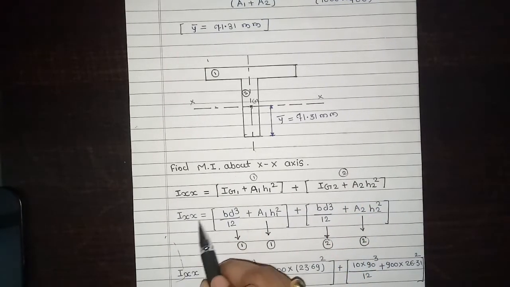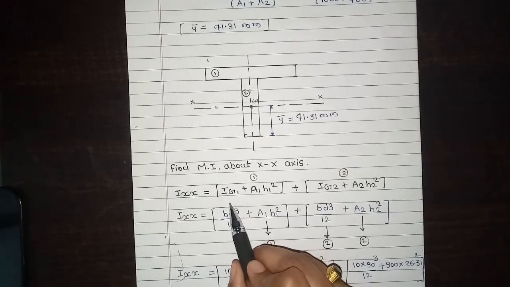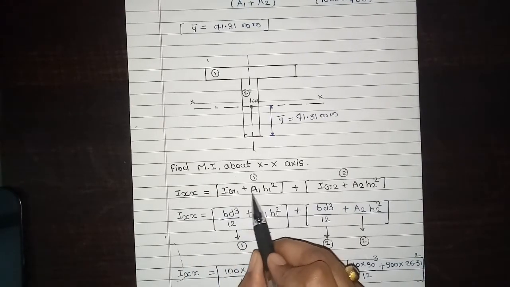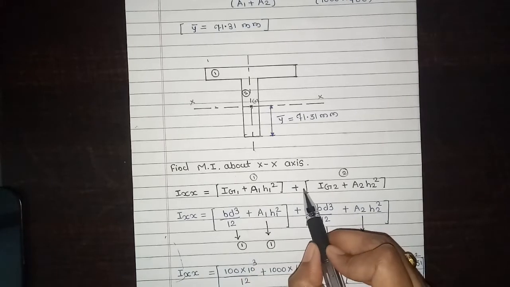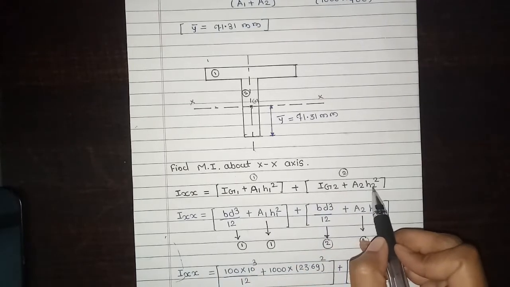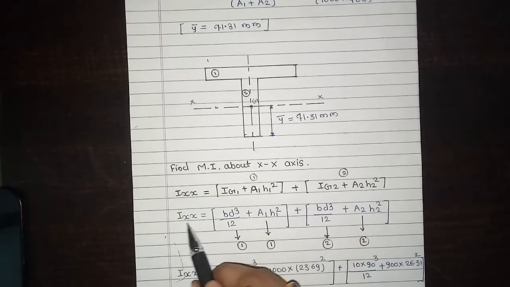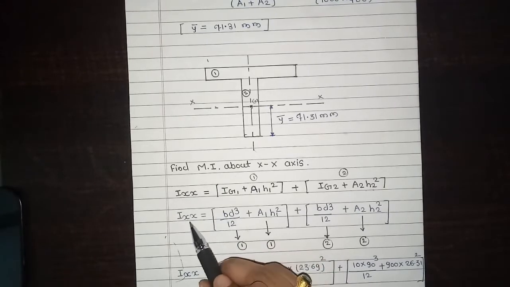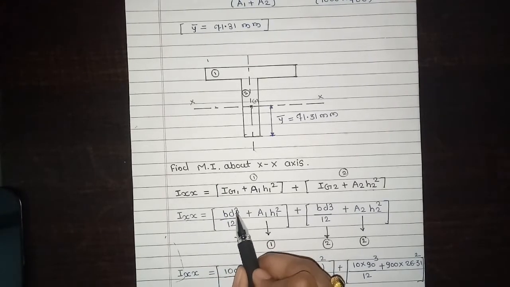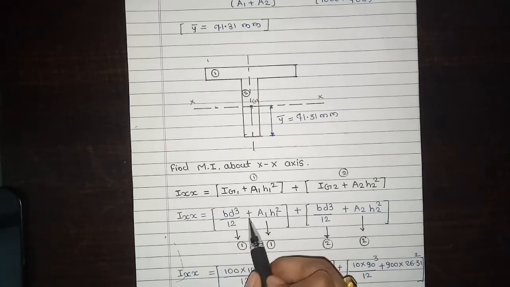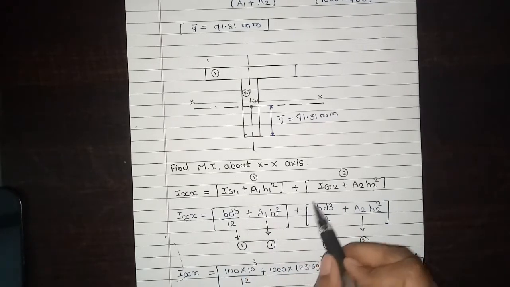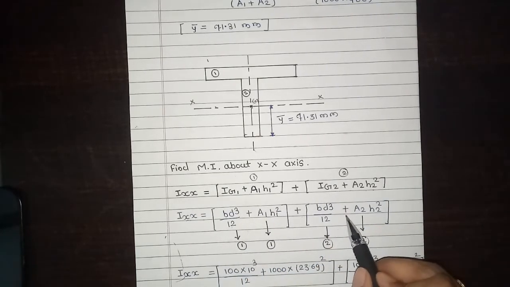So Ixx is equal to Ig1 plus A1 H1 square plus Ig2 plus A2 H2 square, that is, BD cube by 12 plus A1 H1 square plus BD cube by 12 plus A2 H2 square.